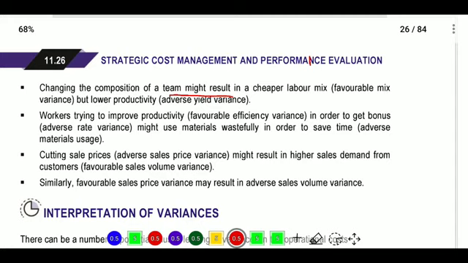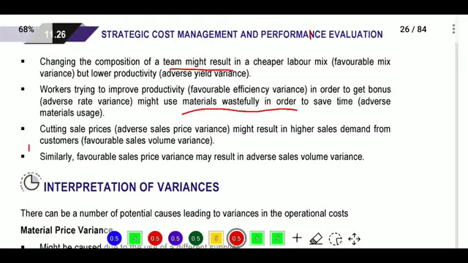Next, workers trying to improve productivity in order to get a bonus might use material wastefully in order to save time. They will use a large quantity, and if some waste comes, they will throw it out and not reuse it, because reusing is time consuming and they would not get more bonus.